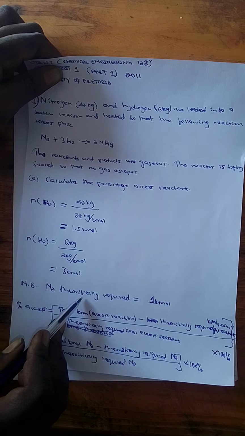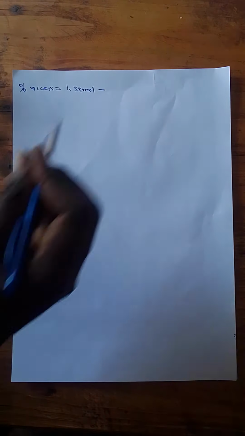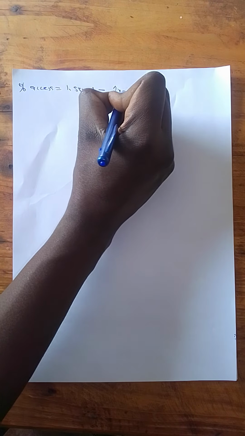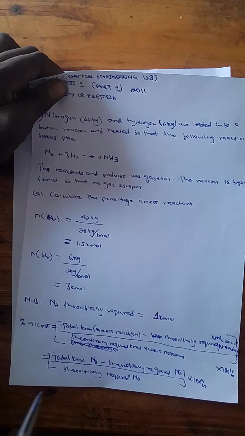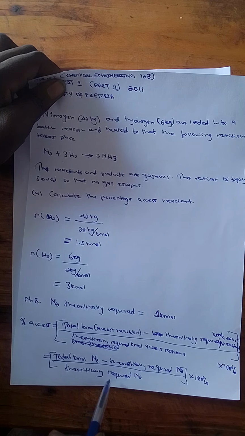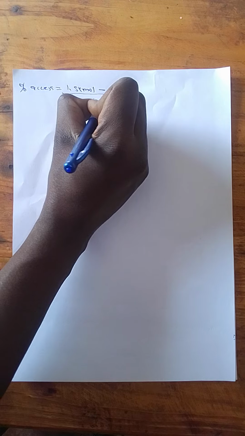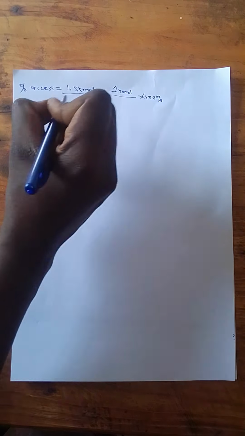We already figured out that the theoretically required nitrogen is 1 kilomole. We found it using the chemical equation and the limiting reactant. And then all over here, we still have theoretically required nitrogen, which is also 1 kilomole, multiplied by 100%.